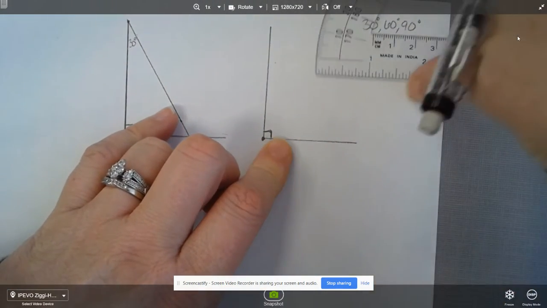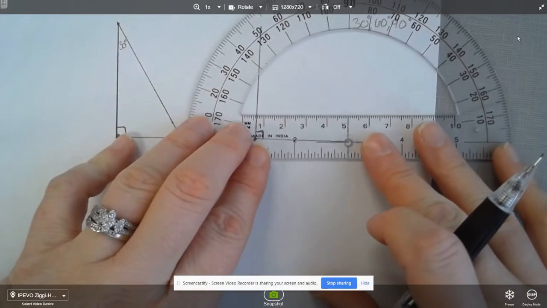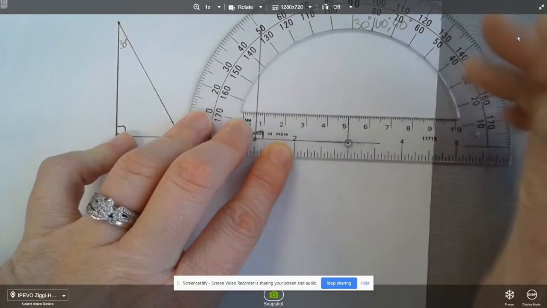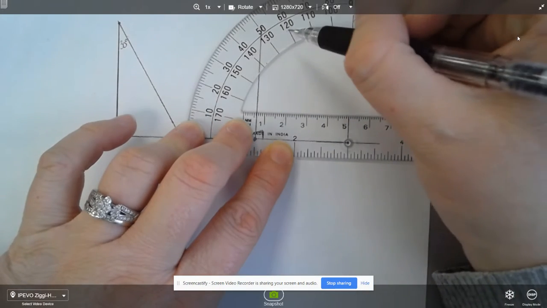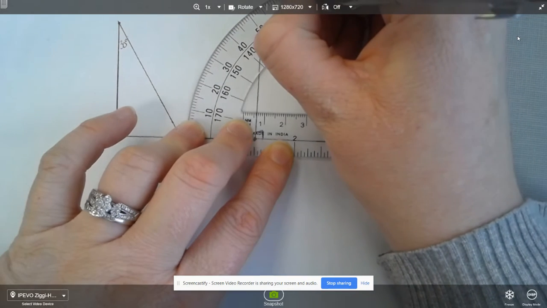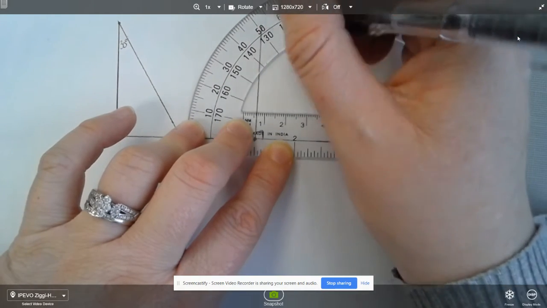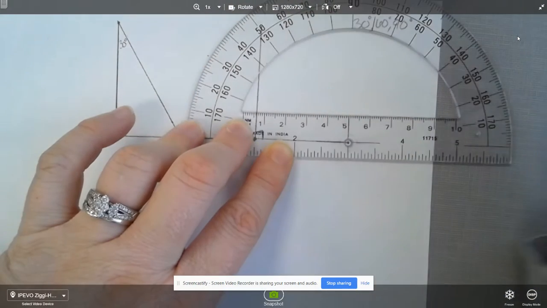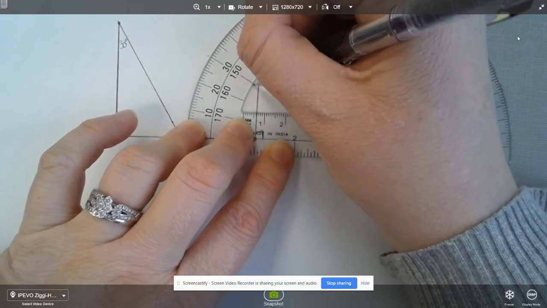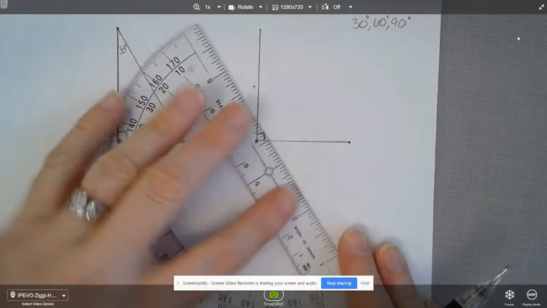This one over here, I can shift it to make another dot on the end of that line. And again, I can choose to go to the 60 degree marking up here, or I could use the 30 degree, whichever is easiest for you. This 30 is a little bit closer, maybe easier to connect with.